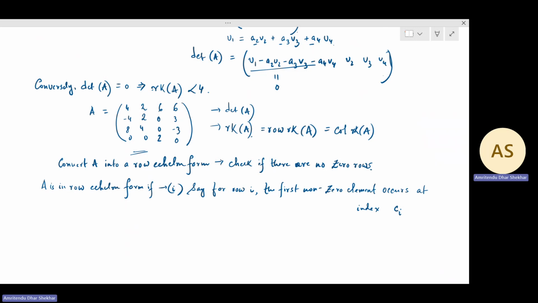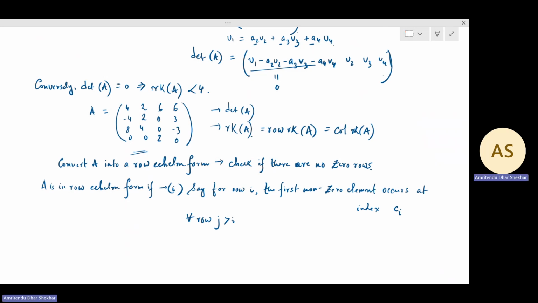Then what this means is that for each row j greater than I, all the columns till column Ci must be equal to 0.